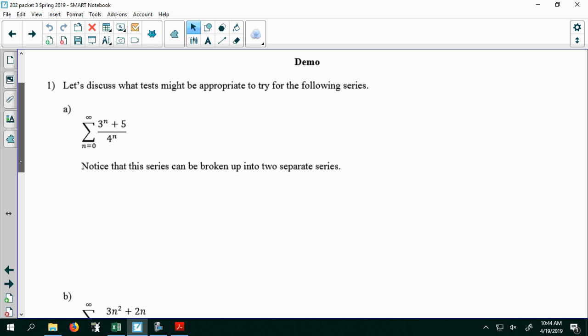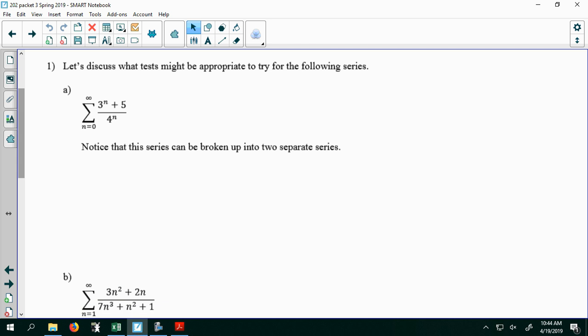Okay, so this first one, the sum from n equals 0 to infinity of (3^n + 5) over 4^n. What I would want you to notice about this one is that you can break it up into two separate series. And then you can rewrite them a little bit to make it clearer which test to use.